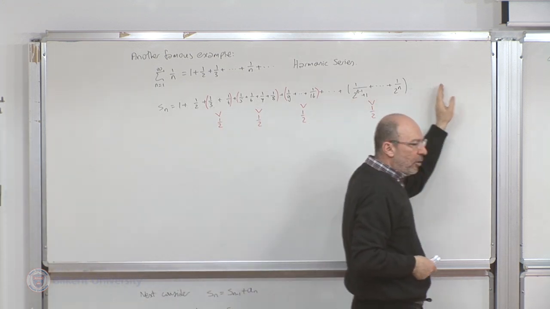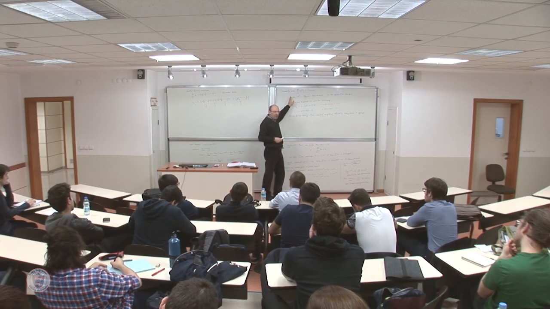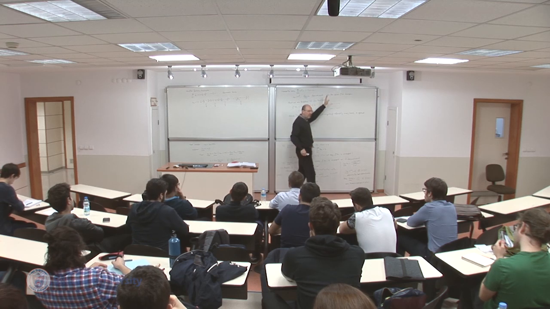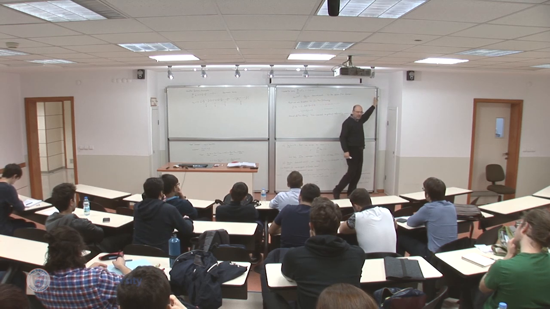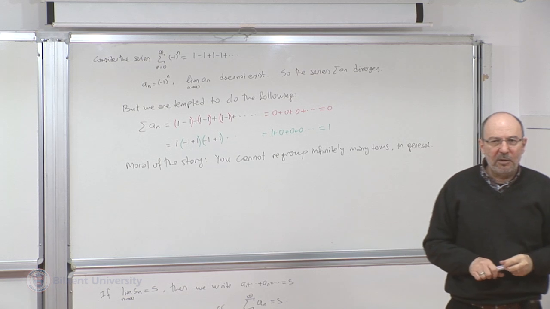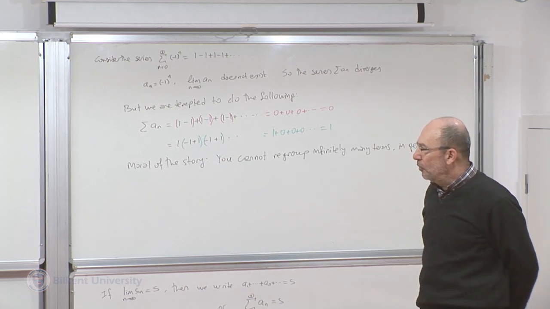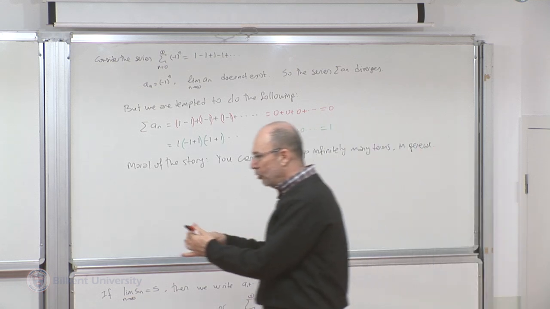After this, you add a huge many numbers, and what you added is slightly larger than 1 over 2. And then you add even many more numbers, but they add up to something slightly more than 1 over 2. So you are adding terms larger than 1 over 2 infinitely many times. So this thing goes to infinity.